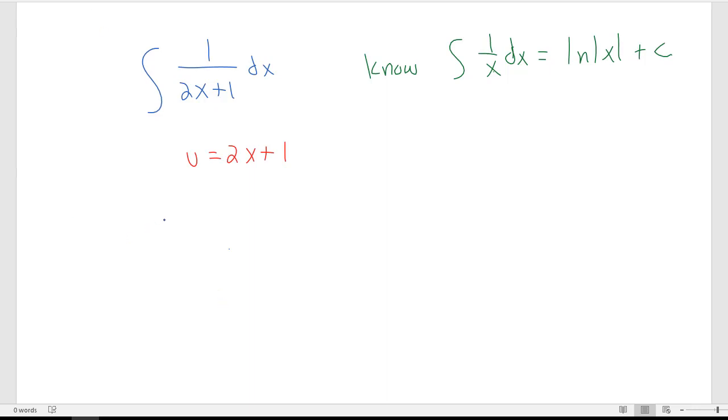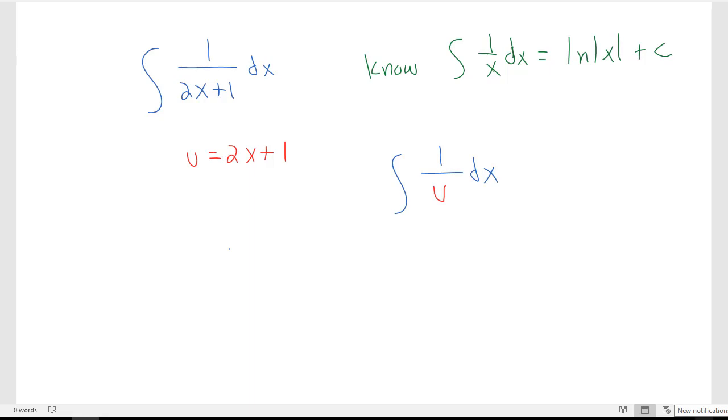So what I have is 1 over u in the denominator. I'm in essence matching this integral by doing this change of variable, which is pretty cool.